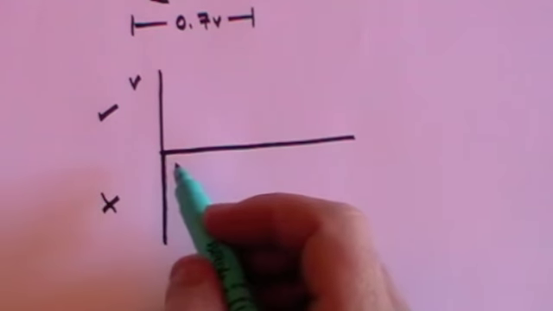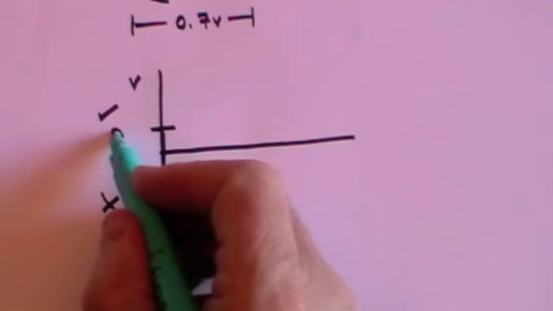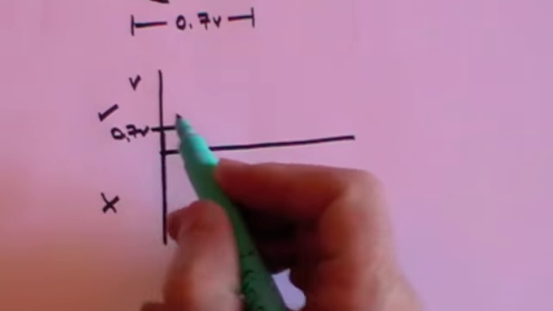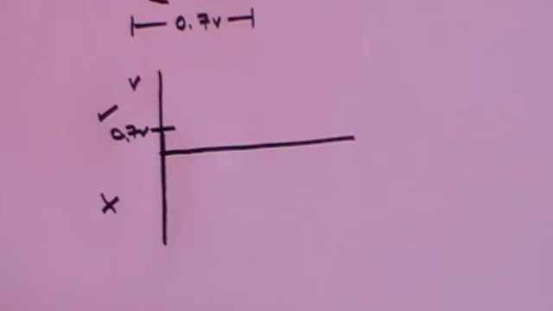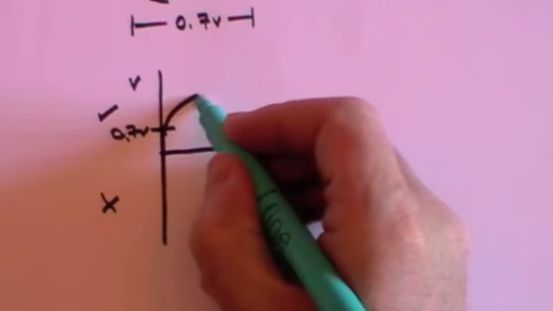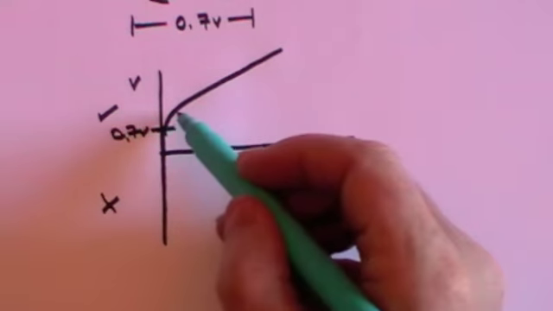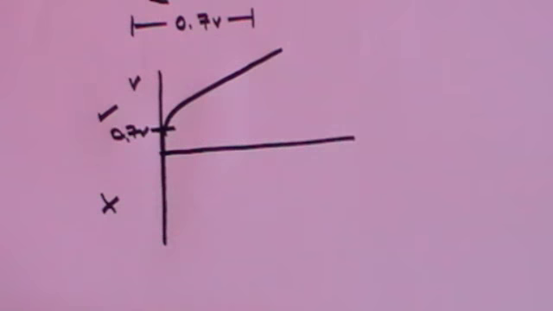Even if you put the voltage the right way round, you still get no current up to 0.7 volts. But after 0.7 volts, you will get a current, and initially it's a bit of a curve, but then it's more likely to follow the Ohm's law pattern.